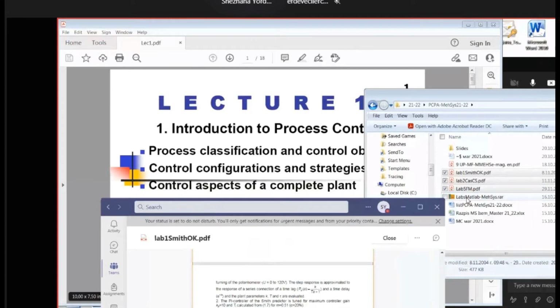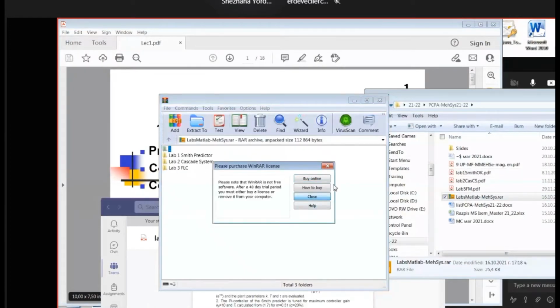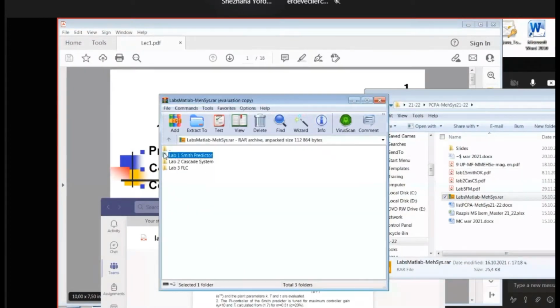So in the you can see that predictor is a Smith model, which is read in Simulink of MATLAB.